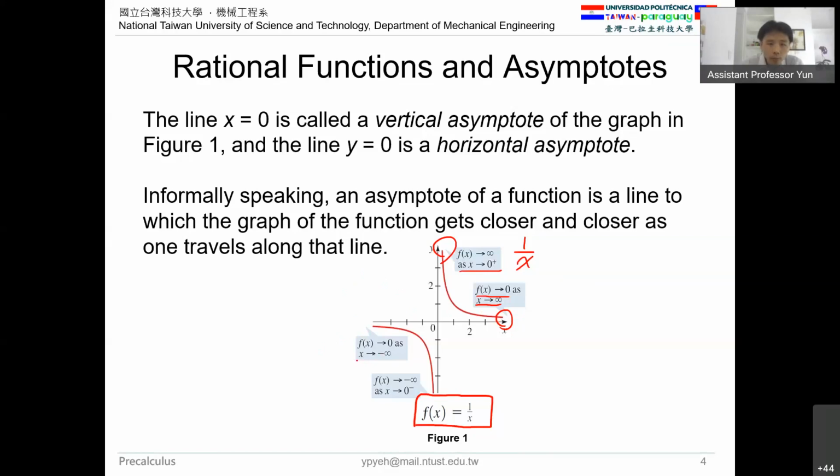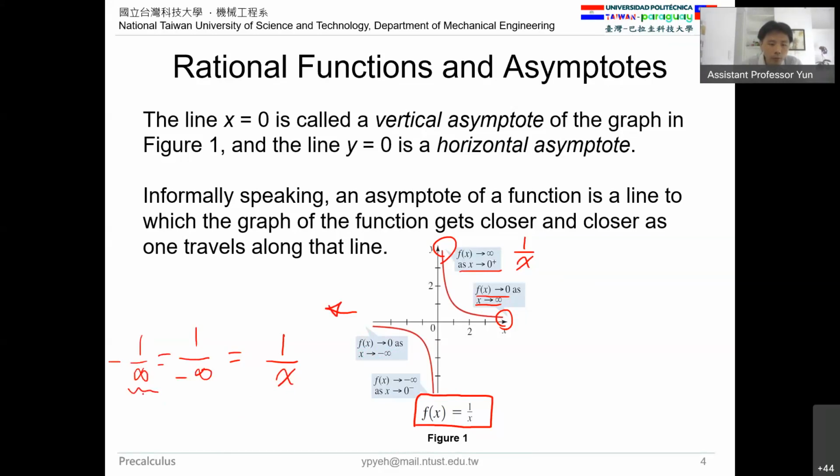For example, when x approaches negative infinity, in this direction, right? Then f of x will approach zero as well, since 1 divided by x, with x approaching negative infinity, equals 1 divided by negative infinity. You can also imagine that is a minus term, 1 divided by infinity here.